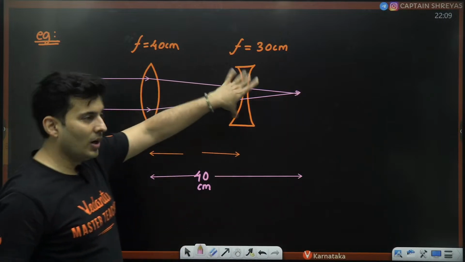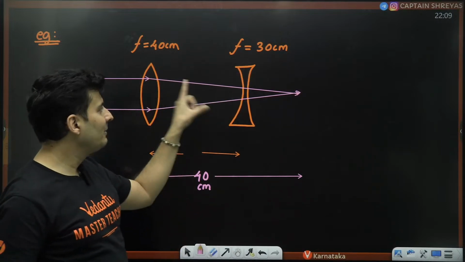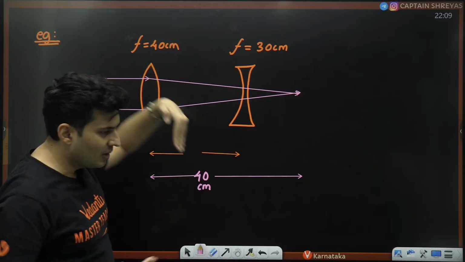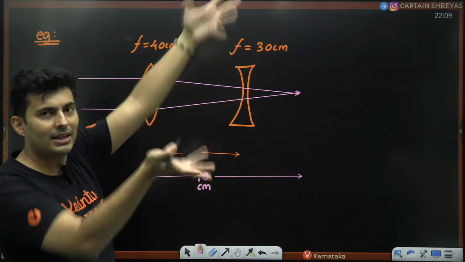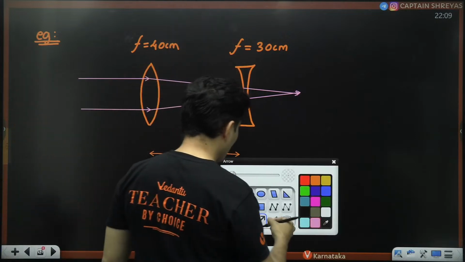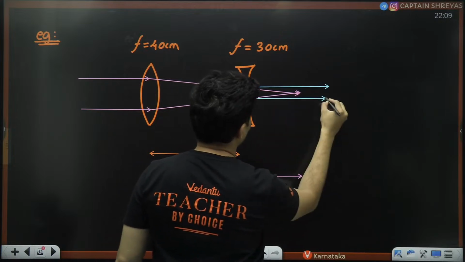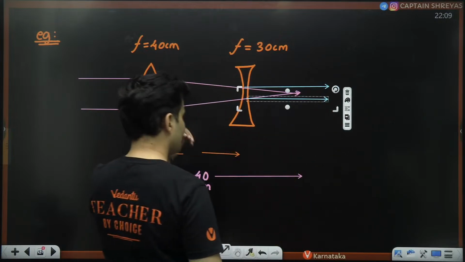But because this concave lens came in between, it will not let the rays converge. It's a diverging lens. So those converging rays try to diverge and end up becoming parallel. So imagine this has to go parallel like this.